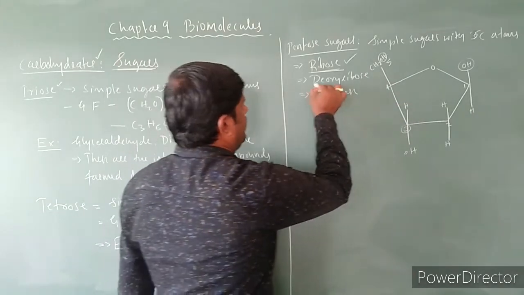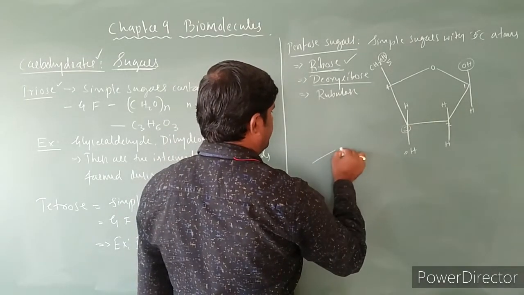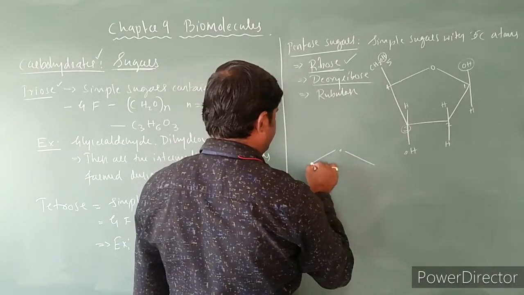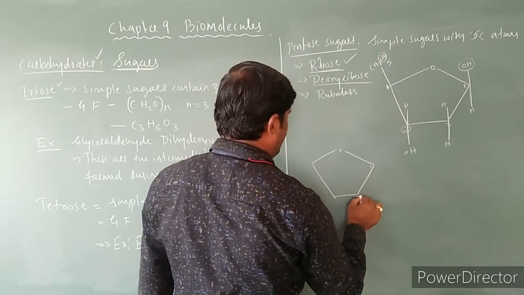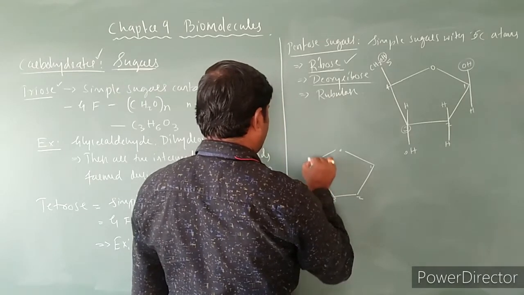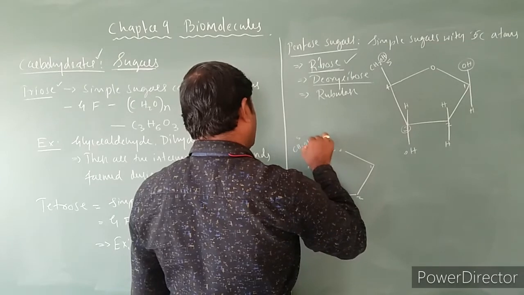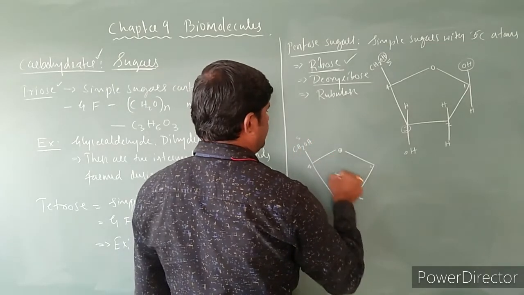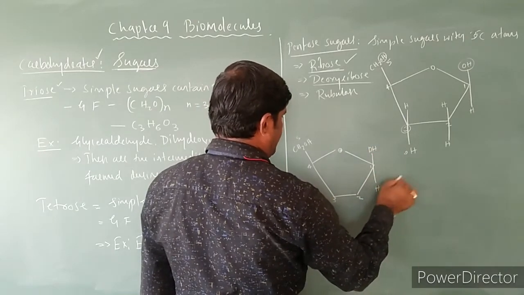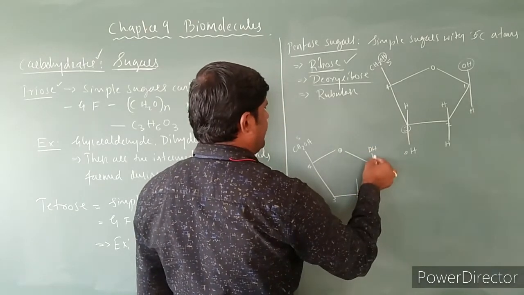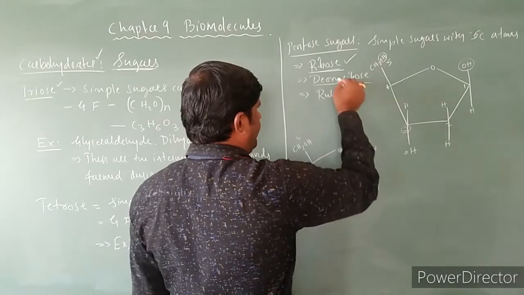In the same way, deoxyribose is also a pentose sugar. Carbon atom number 1, 2, 3, 4, and once again the fifth carbon atom has CH2OH. But in deoxyribose, one oxygen atom is absent.